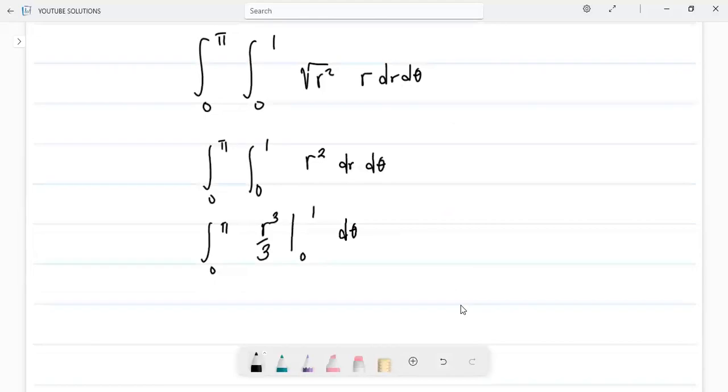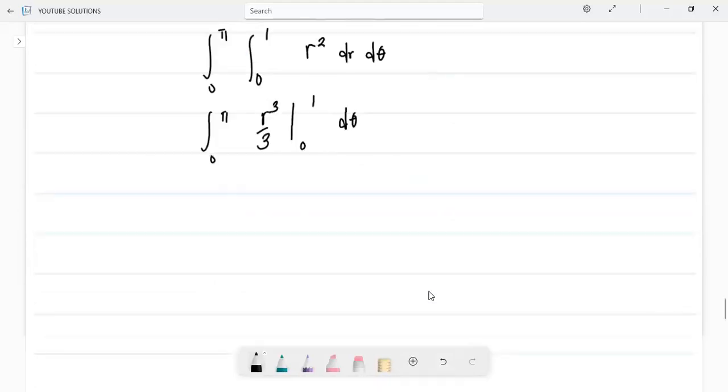Let's substitute the limits. The upper limit of r is 1, so 1 cubed over 3, minus the lower limit 0, so 0 cubed over 3, which is just 0.